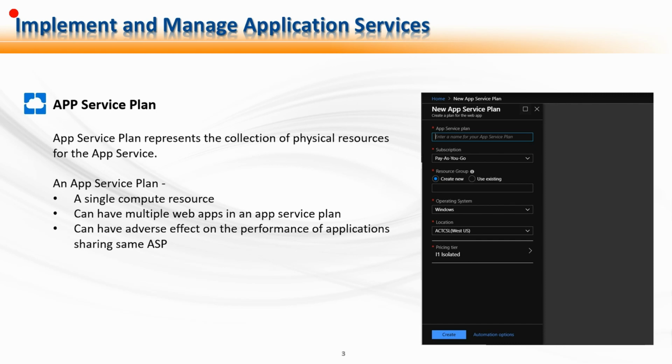Therefore, for billing purposes, if we create more than one app in a single app service plan, we will be charged only once, which is the opposite of creating a separate app service plan for each individual application, where we'll be billed each time we create a new app service plan.